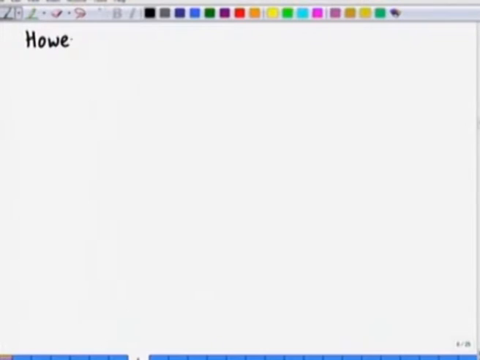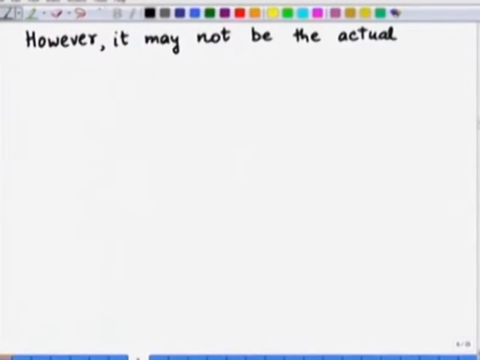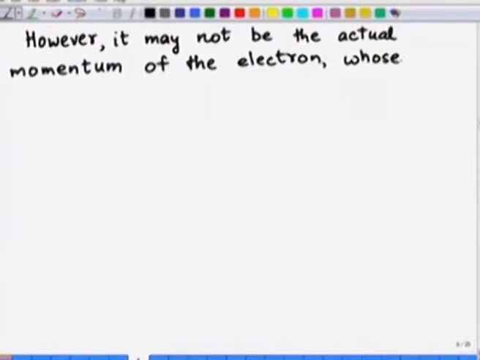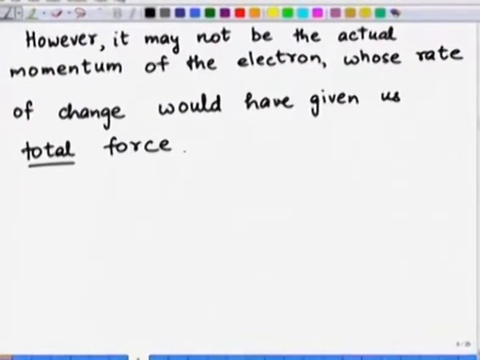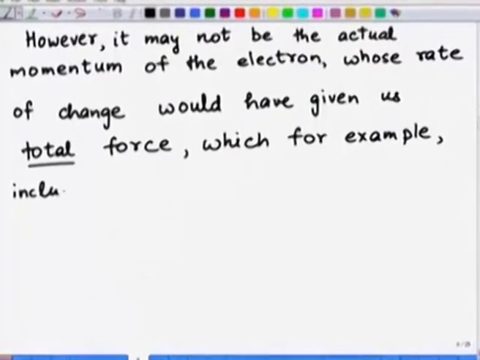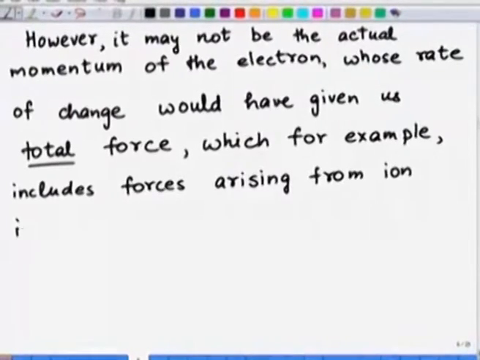However, it may not be the actual momentum of the electron, whose rate of change would have given us the total force, which, for example, includes forces arising from ion interaction.